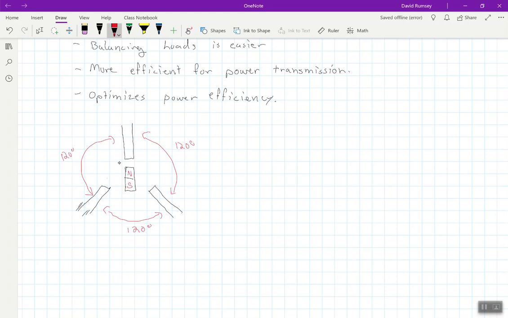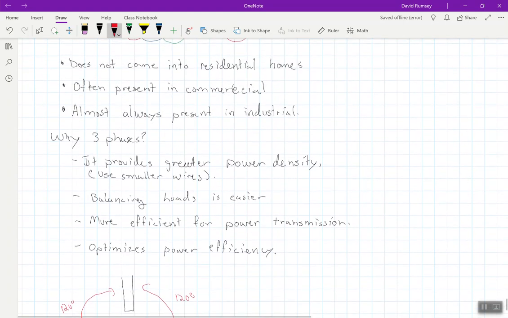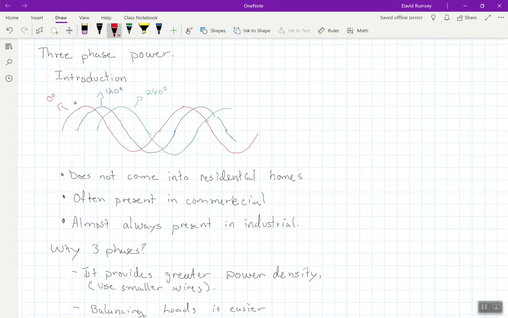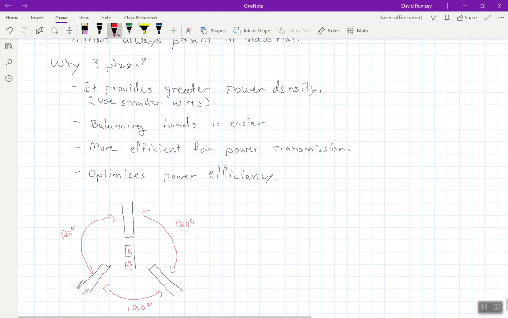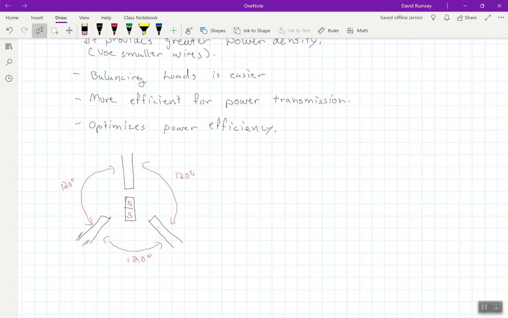If you spin this magnet, with the magnetic fields, you actually generate current in these wires. Depending on the orientation of this magnet, that determines whether each of these wires has its peak or its minimum value. The video explains in a little more detail. That's how we get these different phase angles for these 3 power generators here.